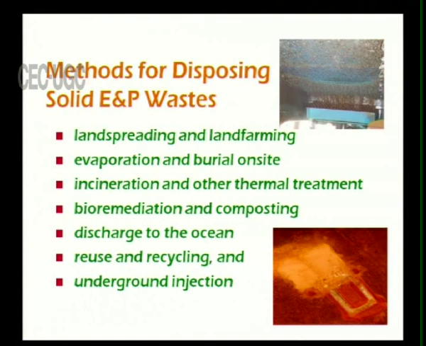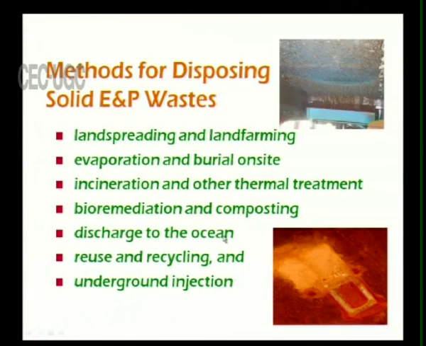And discharge to the ocean: they may be straight away discharged into the ocean, but the problem is that they are causing serious damage to the corals and the marine ecosystem, and therefore people should be very cautious about discharge to the ocean. Reuse and recycling also, and the underground injection.